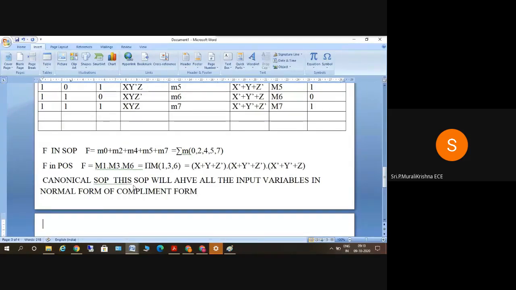For example, we say m0 plus m1 plus m5. So what I can write here is m0 is nothing but x bar, y bar, z bar.